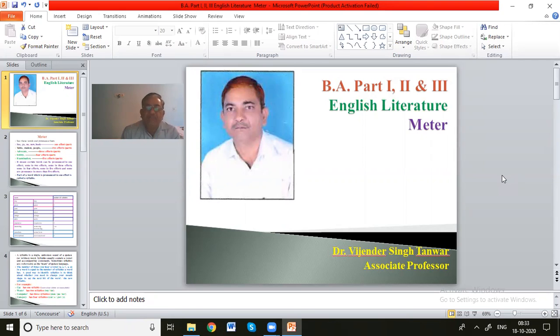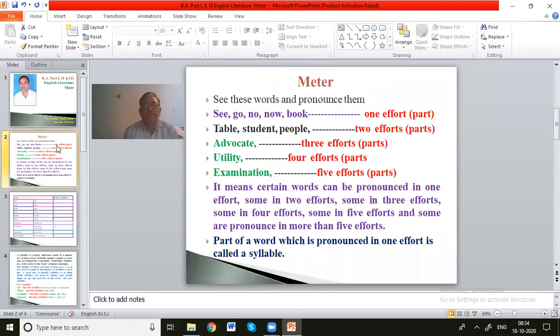Before we give you the technical definition of the meter, let us come step by step to understand the basics before we reach the real definition of meter. Now see, I have written certain words on the PPT. See these words and pronounce them.